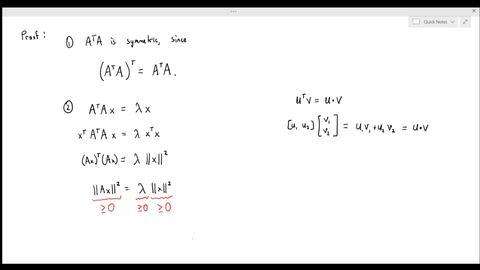So that's kind of a proof that the eigenvalues must be greater than or equal to 0. So therefore, that proves that A transpose A is positive semi-definite, all right?